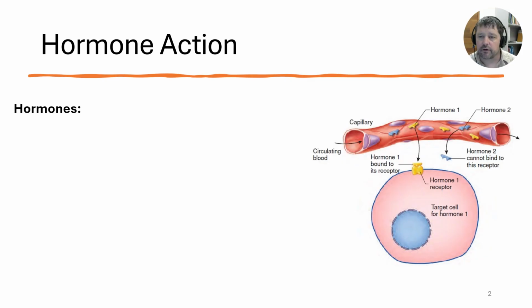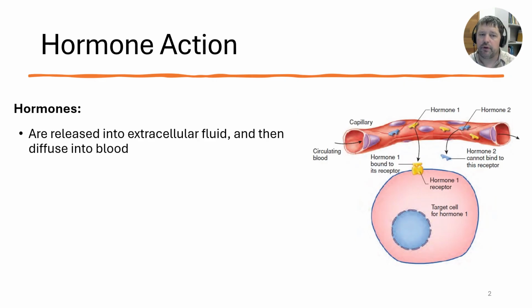So first we need to talk about hormones in general. Okay, so hormones come in two major forms, and we'll get to this. They can either be a lipid-based form or a protein-based form. And so they're released into the blood often, but also can be released into extracellular fluid, so fluid in between.